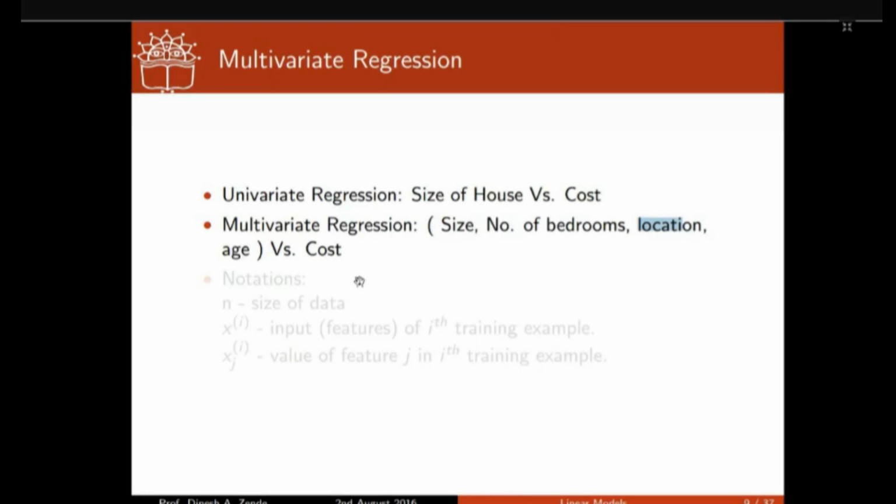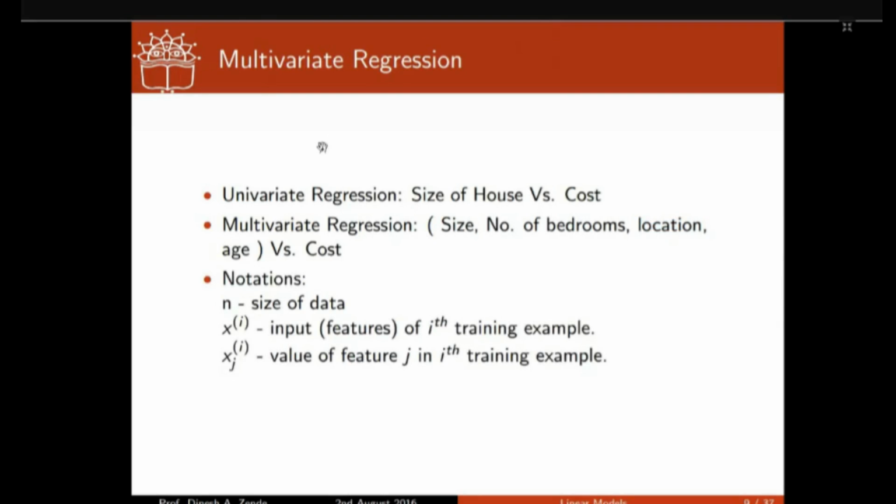Now let us see the notations and then the multivariate regression model. Since the number of attributes has changed, n is again the size of the data. x^i is the input feature of the ith training example.